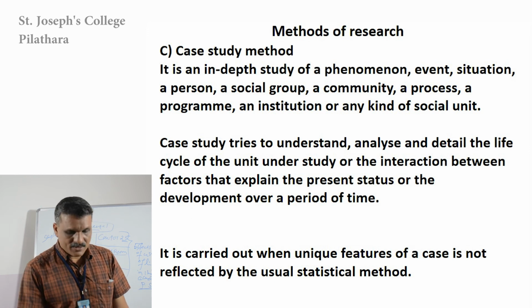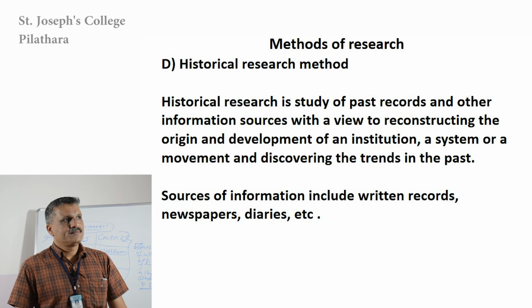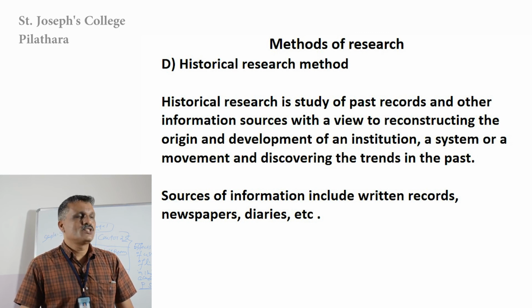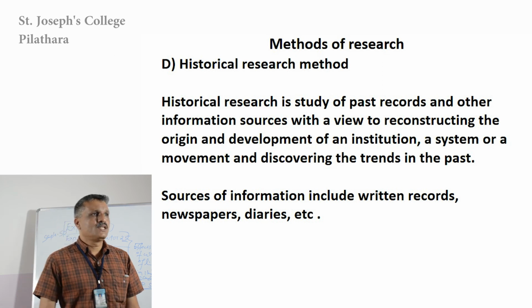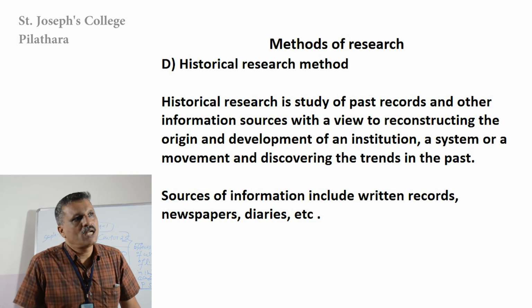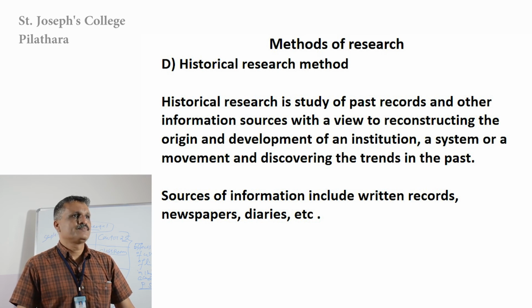Then next is the historical research method. So, this is the fourth kind of research method that we have to study. Historical research is all about a written record of past events.